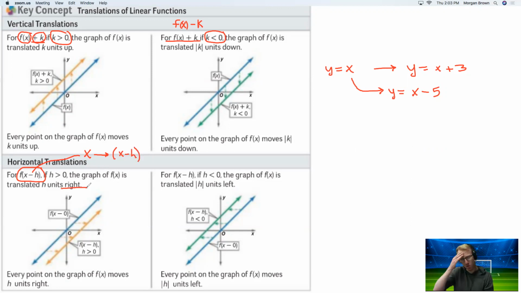You might be thinking, what the heck? Why is a negative going to move it to the right? So the reason a negative moves it to the right is because 0 is a solution to the blue line. And if, let's just say this is a coordinate point like 2. If I put x minus 2 in parentheses, and I ask you, what value of x is going to make this whole function 0, you can see the answer is 2.